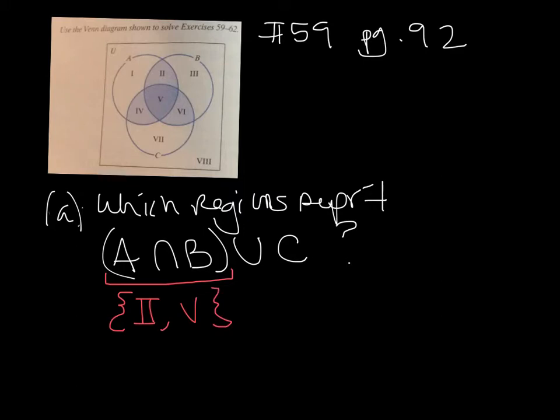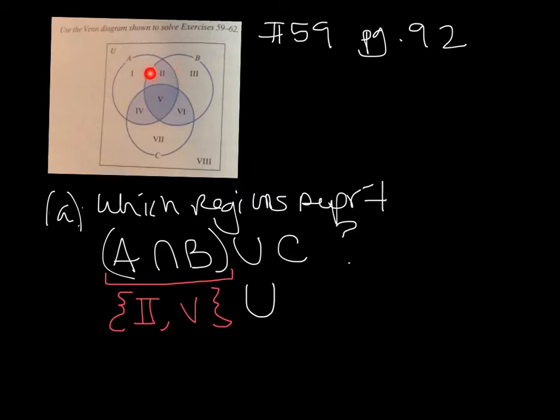And let me just get my white. Okay, so we have union. If we union it with set C, again, what's set C? So we have right now 2 and 5. We have this piece. And if you union it, you're just adding this C without repeating. And notice that that 5 is in C and A intersection B, so this is going to be the repeated one that we don't need to write.